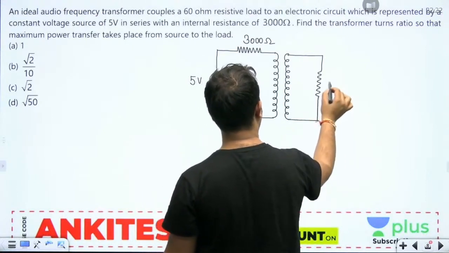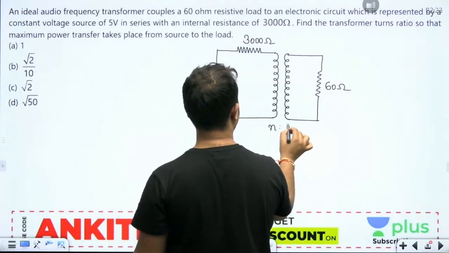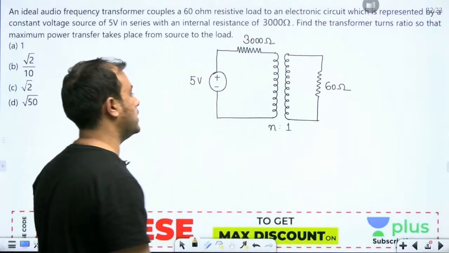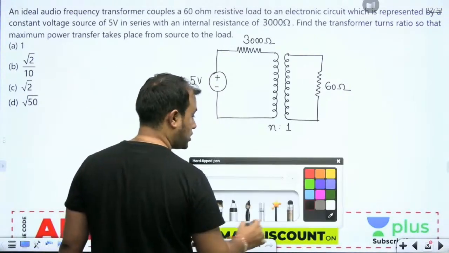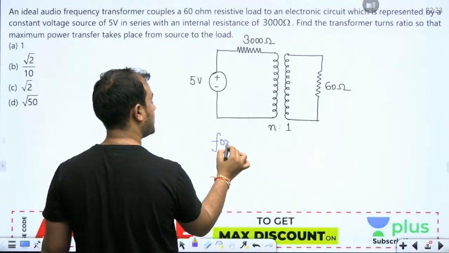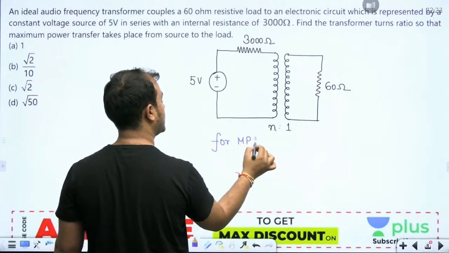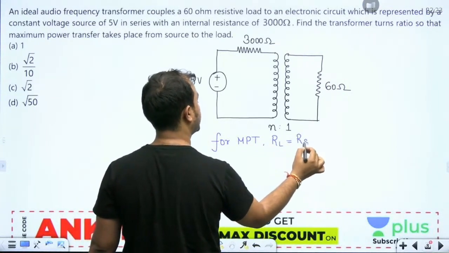Now many people got trapped in this. See, suppose this is n is to 1. Now what do we know for maximum power transfer? The load resistance must be equal to source resistance.